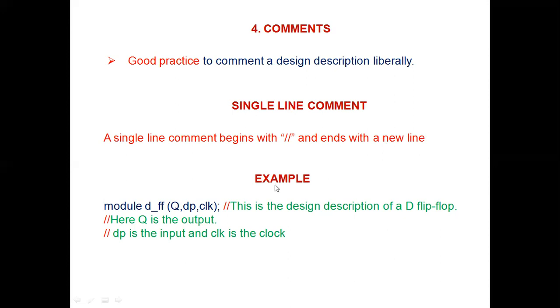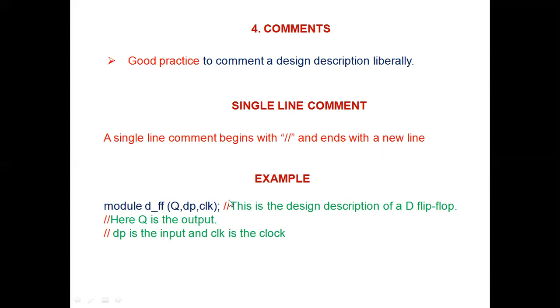Now let us see an example. Here a module declaration has been given: module d_ff, that is a D flip-flop, Q is the output, DP is the data input, CLK is the clock input. If you include comments, it will be very easy for anybody to understand which is the output and which is the input.